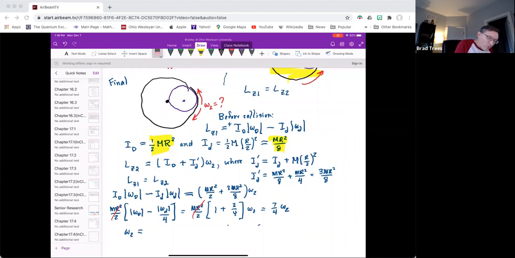You get 4/7 times omega big D minus omega little d over 4. You wouldn't have to do this, but I went ahead and took that 4 out front up in the numerator and distribute it through the brackets.